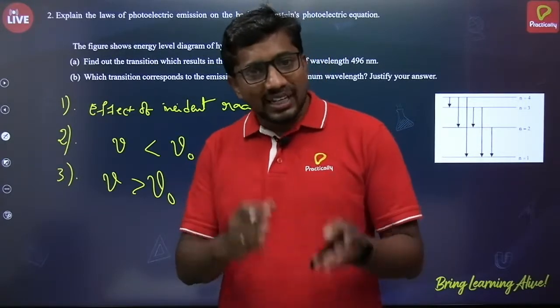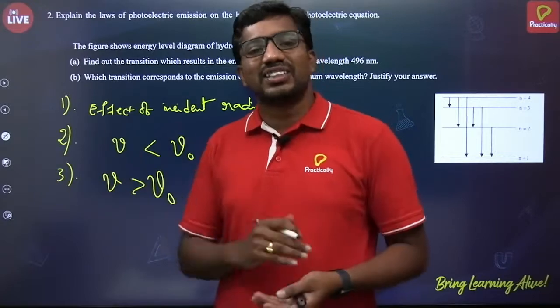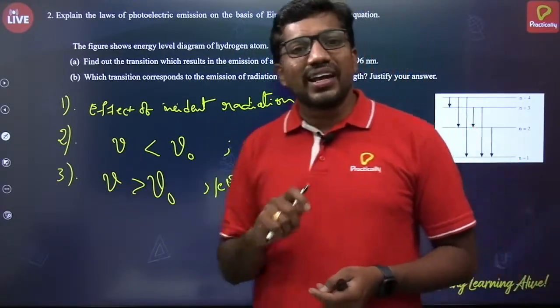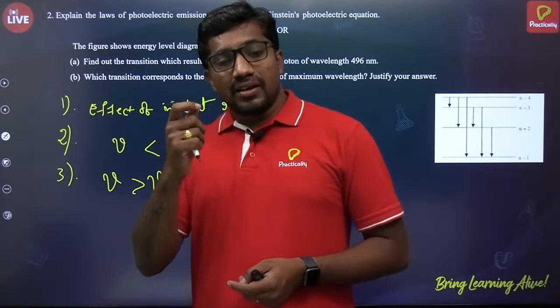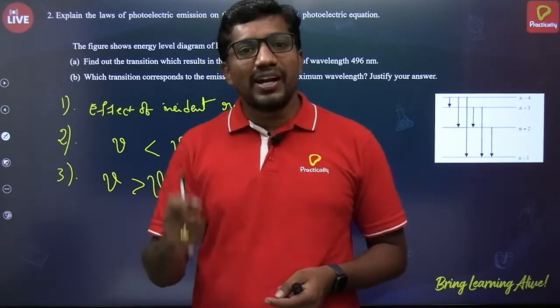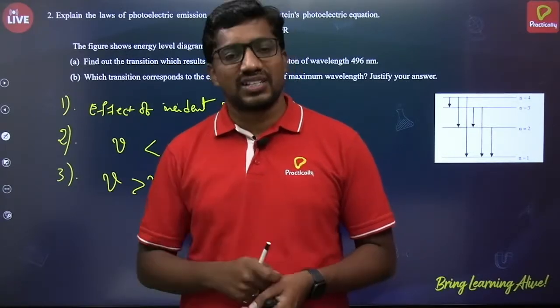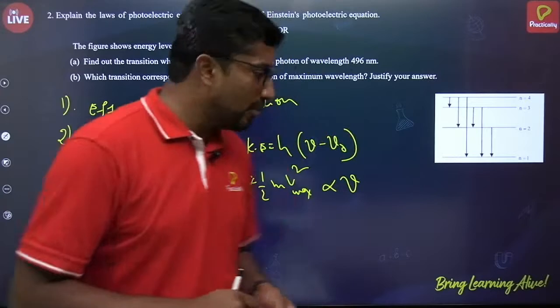But it doesn't mean that it depends on the intensity of the radiation. So even if nu is greater than nu naught, the kinetic energy of the photoelectrons is completely independent of the intensity of the radiation. That's another important point.